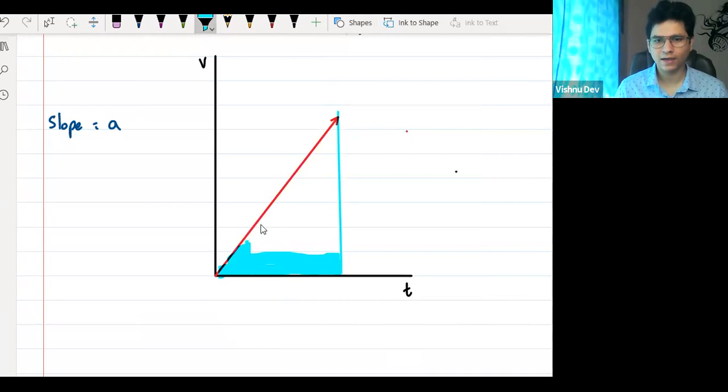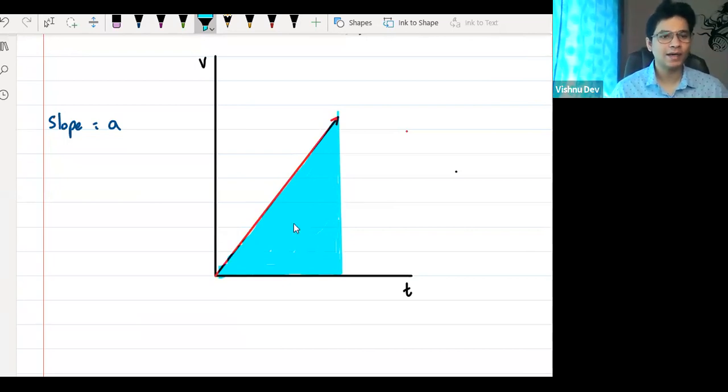Anyone can tell me what is the significance of this area? सोचो, क्या लग रहा है? Area again, slope is what? Slope is acceleration. So what is this area? Tell me, what is this area?